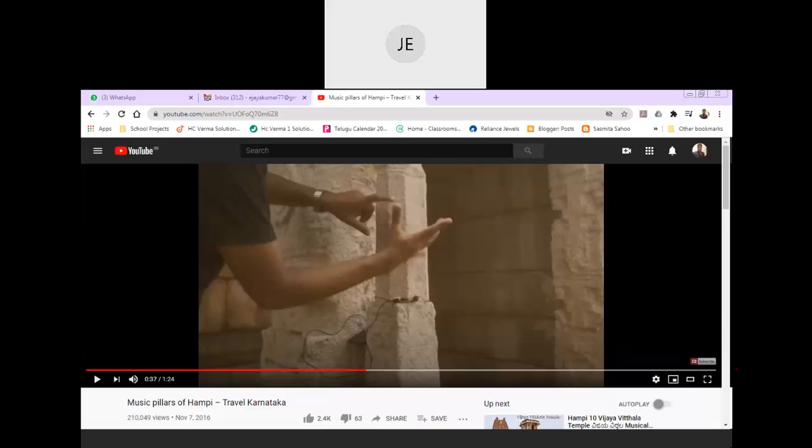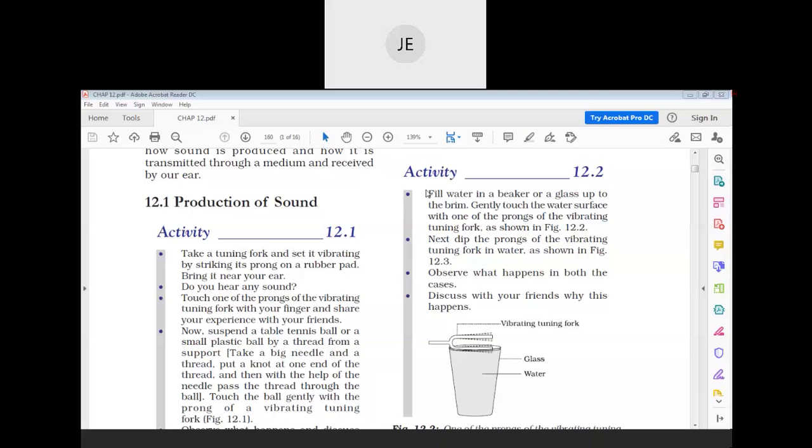That is the beauty and depth of acoustic knowledge in ancient India. Did you understand it? Okay, fine. Good.